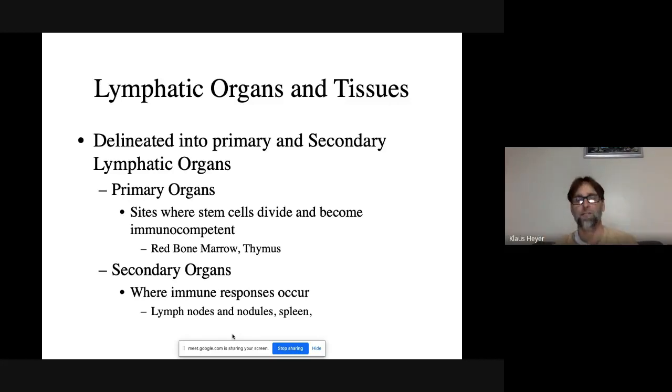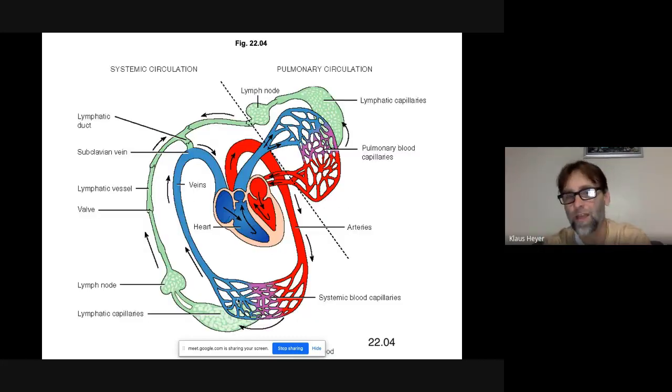So let me go back. Here's the lymph, right? Let's say you had something in your body that shouldn't be there. It's often going to end up in your lymphatic system, right? So it gets picked up by a lymphatic capillary, and then on its way back to your subclavian vein, on its way back to the blood system, it goes through a lymph node.